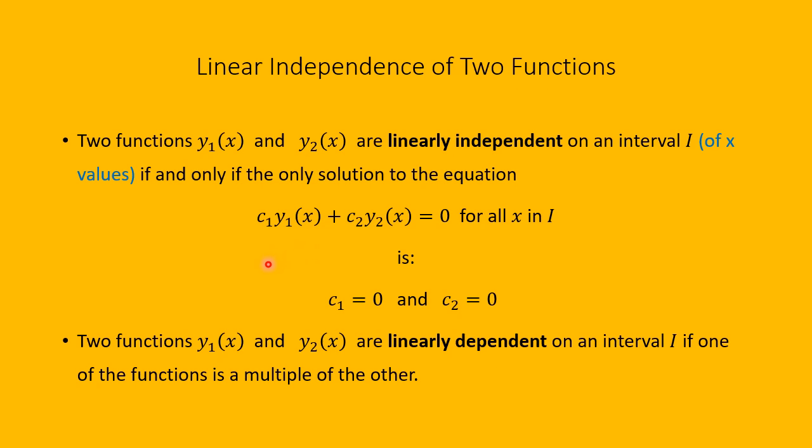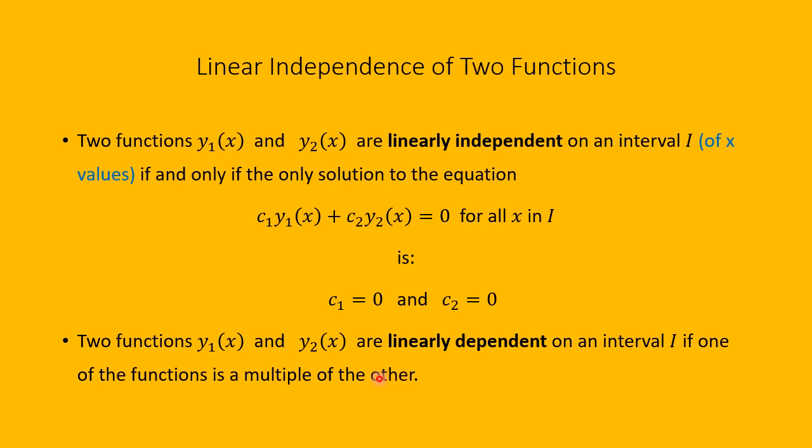So in any case, this looks a little bit weird, unusual, when you first look at it. What does this mean? Well, for two functions, let's look at what it would mean if they are not linearly independent. Two functions, y1 of x and y2 of x, are linearly dependent on an interval I if one of the functions is a multiple of the other.